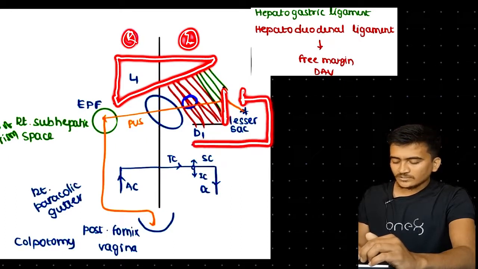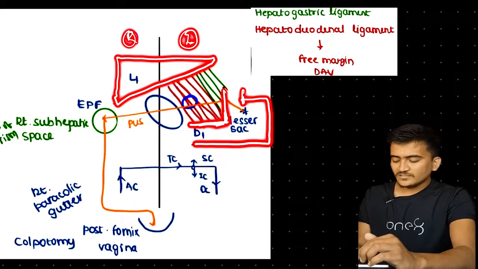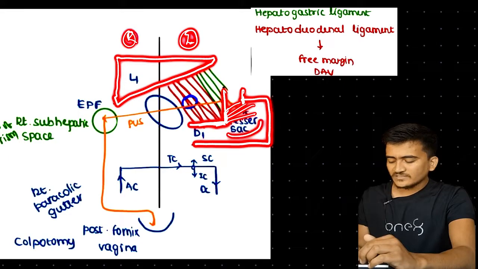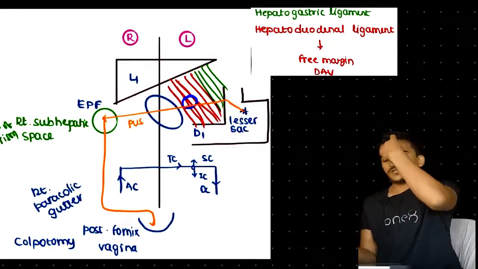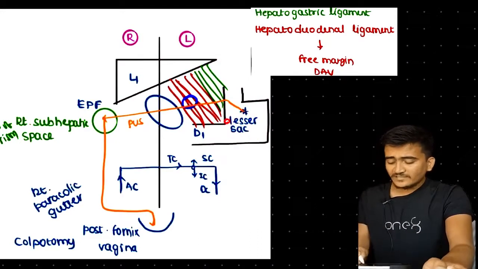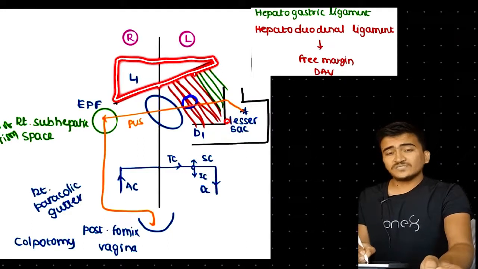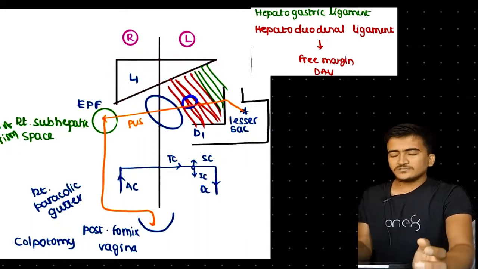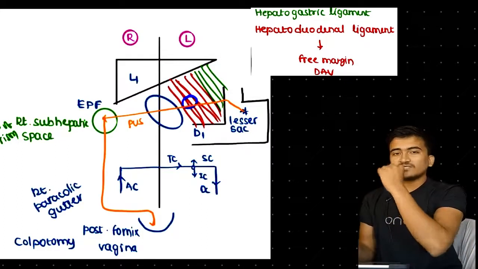This is our gut, and in this gut we have the stomach. Behind the stomach, posteriorly, we have the lesser sac. Now this stomach and the liver are being connected by a ligament. What is it that connects the stomach and liver?